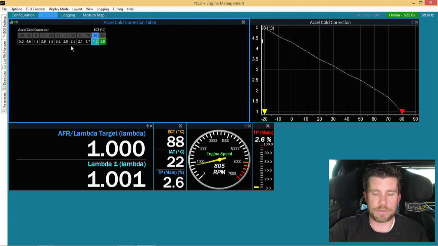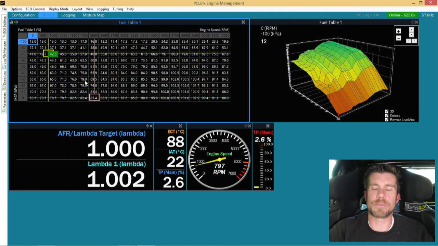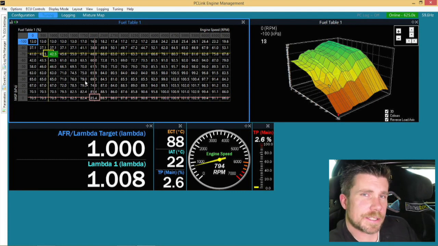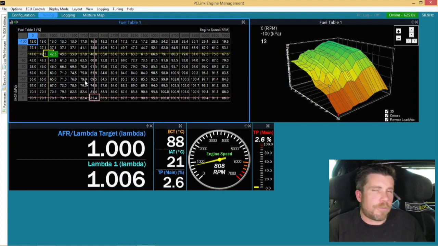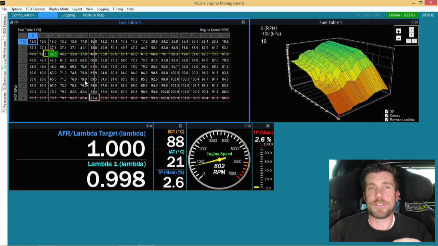Since I've just mentioned that as well, I should have actually started with this. If we just jump to our fuel table, it's really important to understand that our acceleration enrichment values are being based off our main fuel table values. Now this is an area I see a lot of people make the very basic mistake of trying to use the acceleration enrichment to make up for an area of the fuel table that hasn't been correctly tuned.